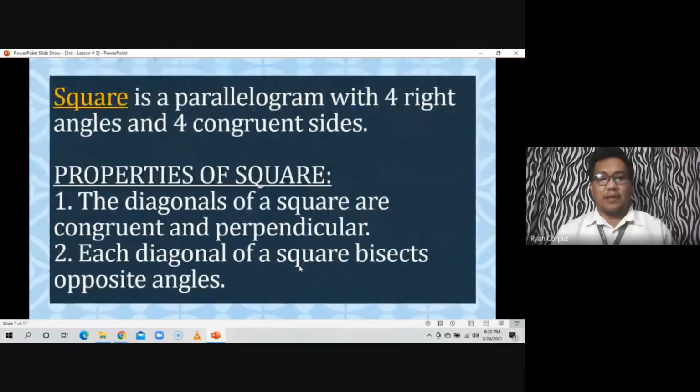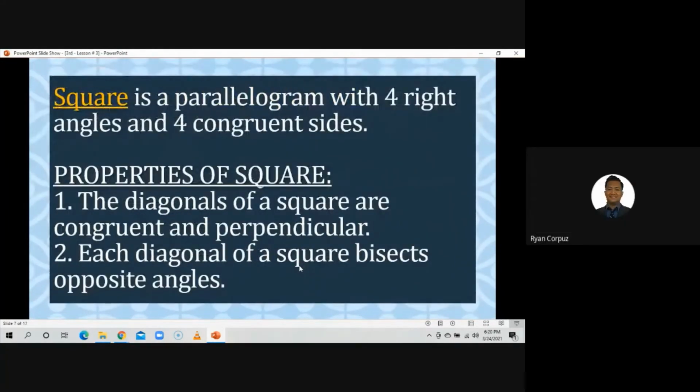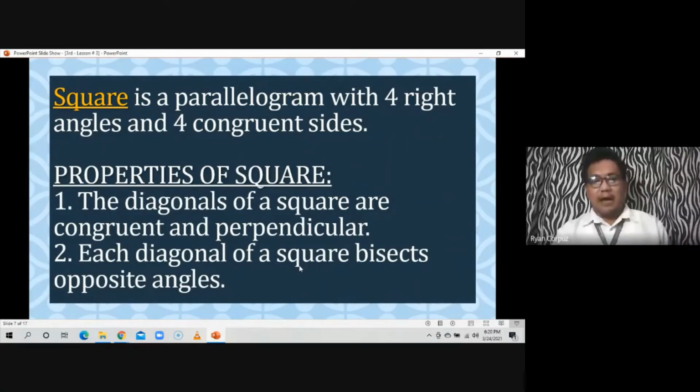Next is a square. So a square is a parallelogram with 4 right angles and 4 congruent sides. So we made mention before that when we combine the definition of a rectangle and a rhombus, then we will come up with a definition of a square, which is a parallelogram with 4 right angles and 4 congruent sides.